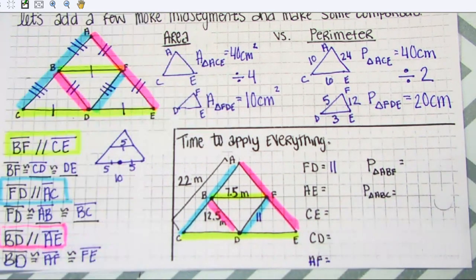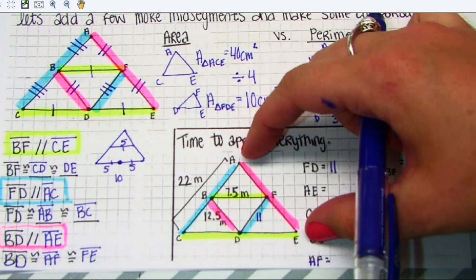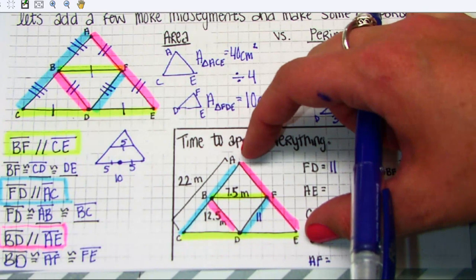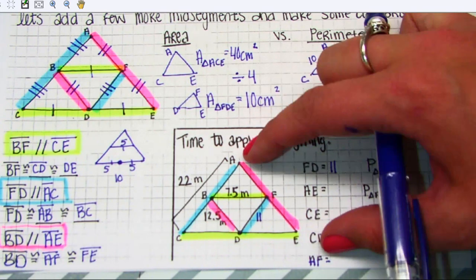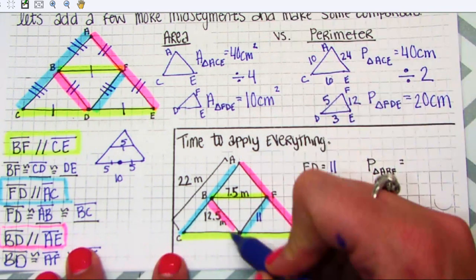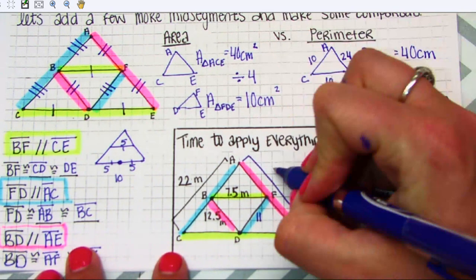All right. How do we find AE? AE is this big piece right here. Yes. 12.5 times 2, which is what? 25. So this is the mid-segment. To go out, you multiply by 2. So this length is 25.